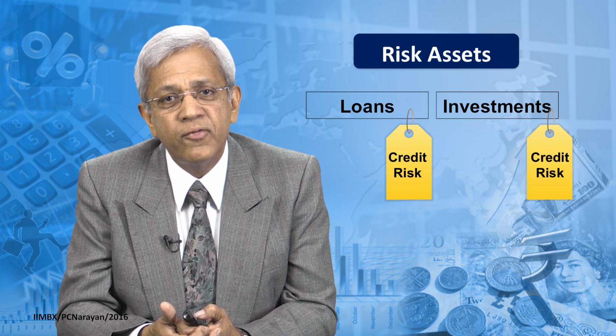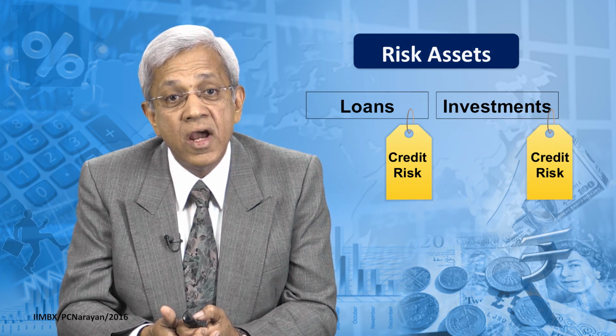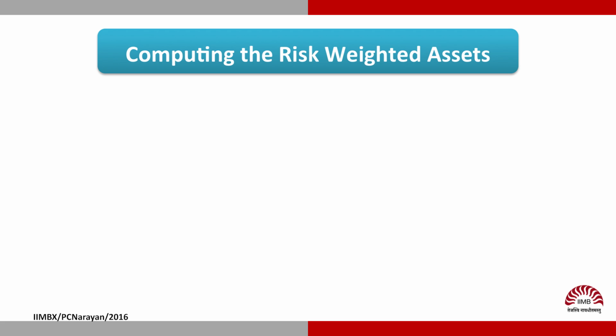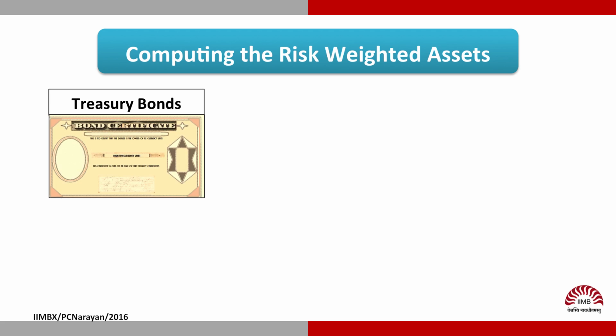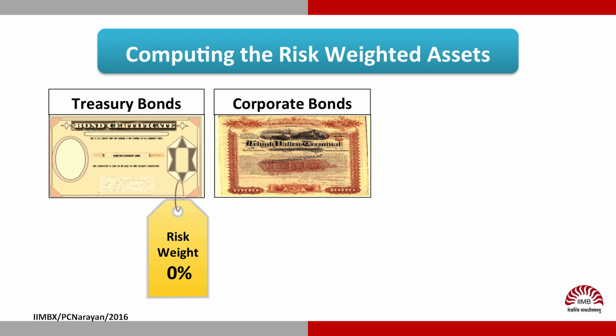Risk assets are therefore converted into risk weighted assets based on the risk weight assigned to every class of asset. For example, treasury bonds and government securities carry zero credit risk. In other words, there is no risk of default. Hence, the risk weight is 0. On the other hand, corporate bonds that are essentially unsecured loans could carry 100% risk weight.